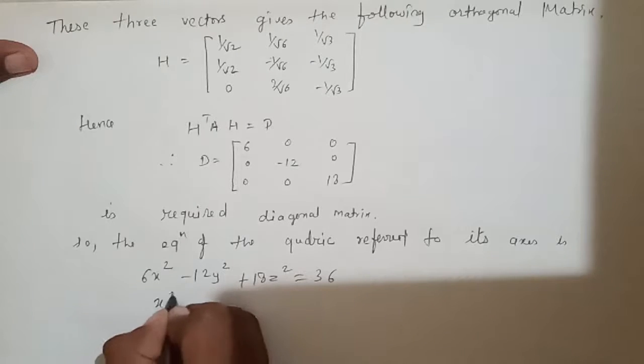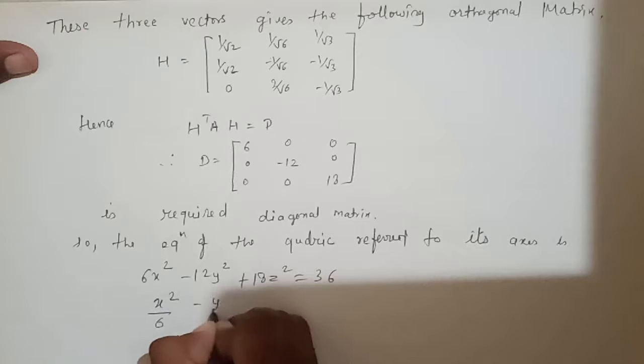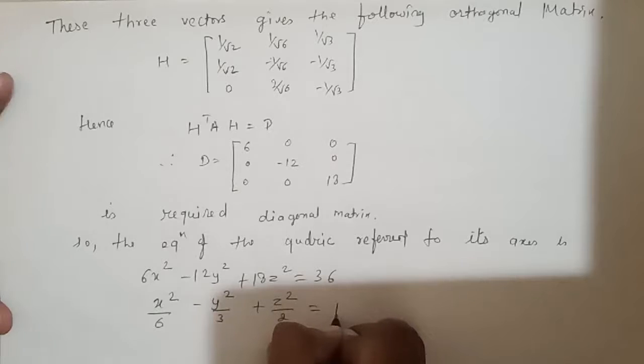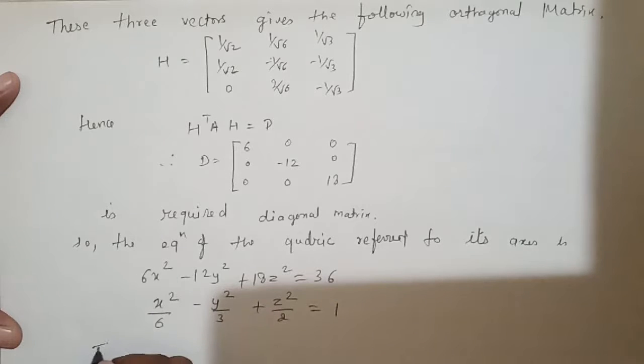This implies x square by 6 minus y square by 3 plus z square divided by 2 is equal to 1. This is nothing but a hyperboloid of one sheet. So this is a hyperboloid of one sheet.